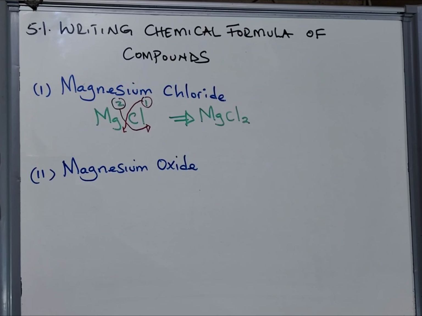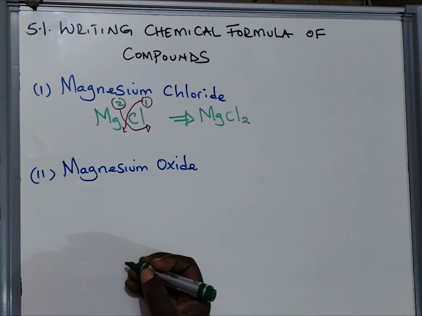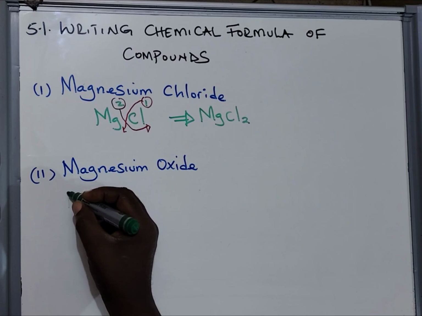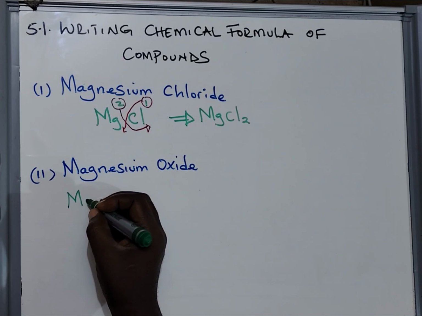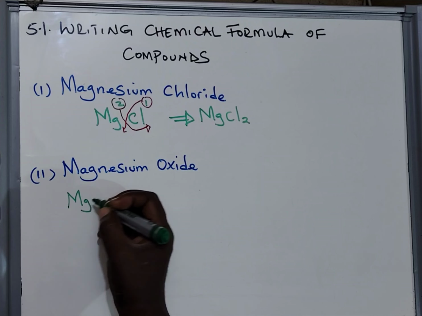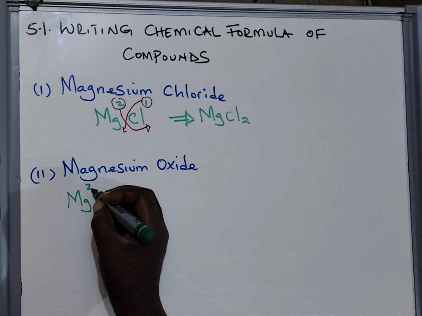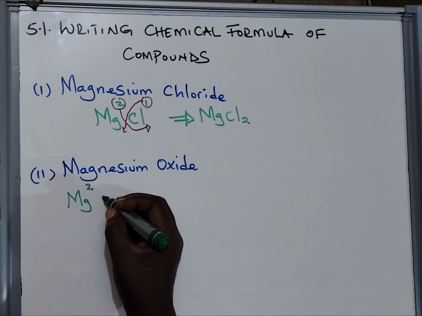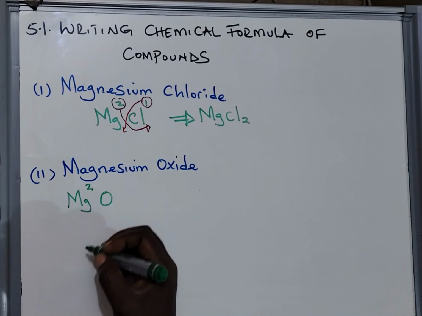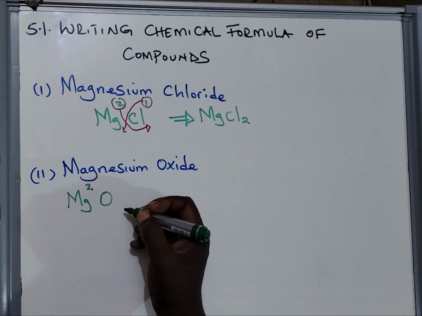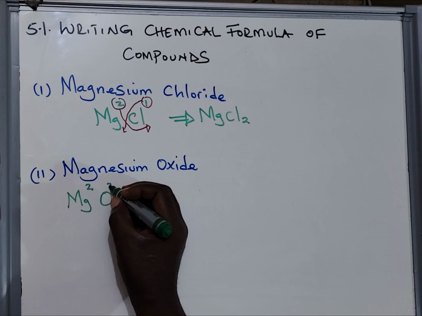Next is magnesium oxide. So how do you go about this? You have to know the symbol for magnesium, which is Mg, and its valence is 2. It is a group 2 element. Next, you have to know the symbol for oxide, which is oxygen, and is also valence 2.